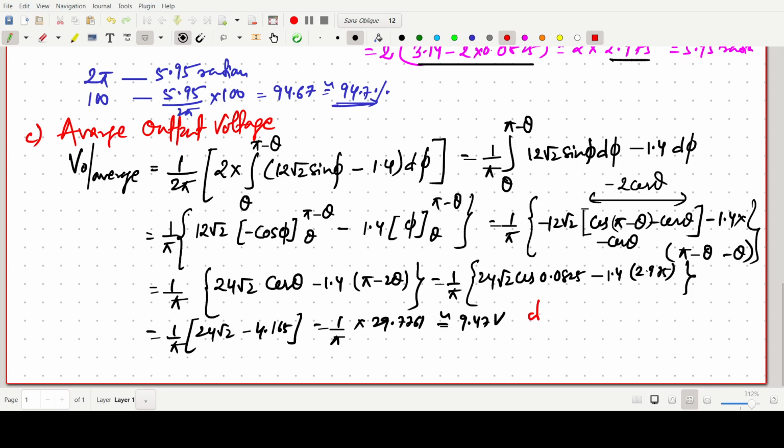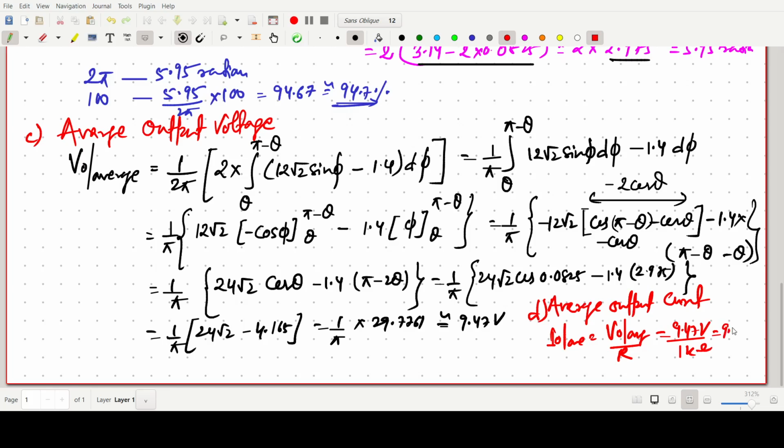Okay, now the last part, average output current. For the average output current, I naught average equals V naught average by R. So this should be 9.47 volt by 1 kilo ohm, so 10 to the power 3, so it should be 9.47 milliampere.